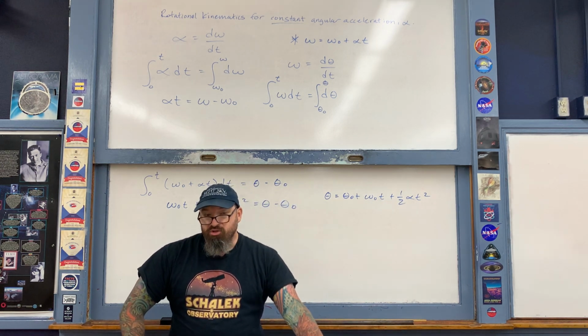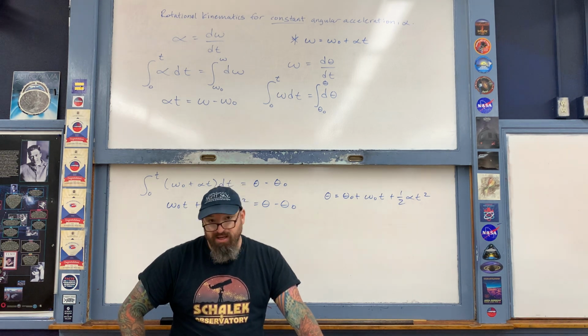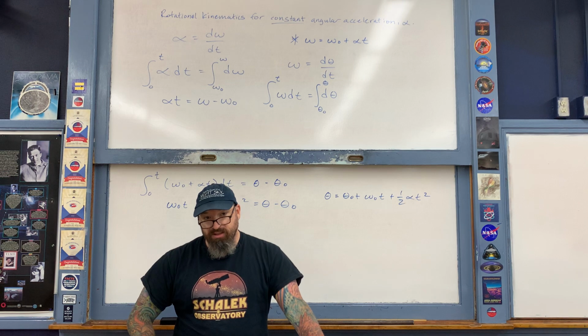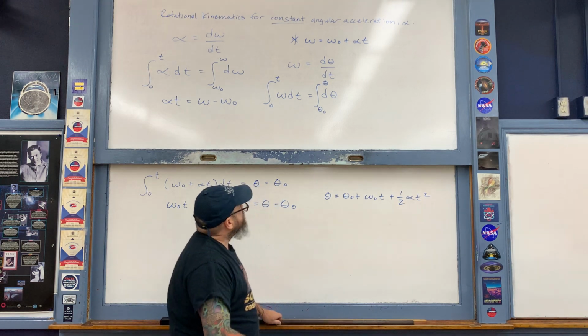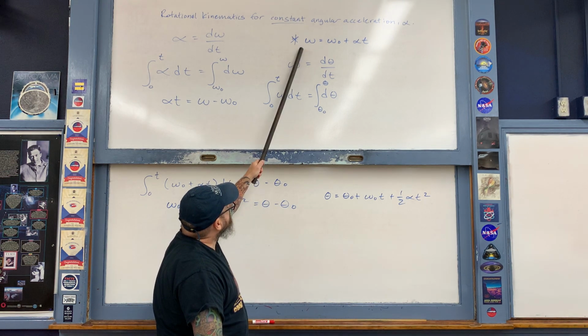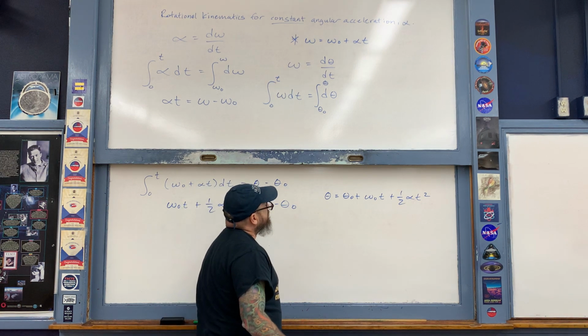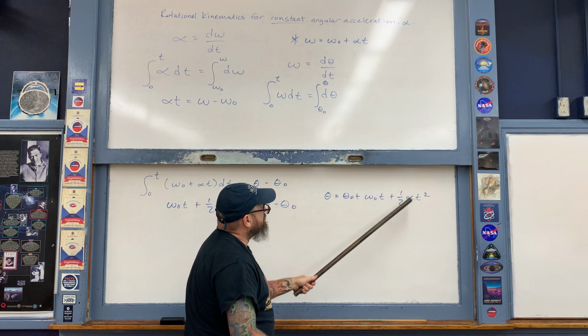If you recall back in chapter 2, we then algebraically combined the equations together to get the third kinematics equation. We could do the exact same thing here. In order to do so, what we would do is we would take this omega expression here and solve it for time t, and then ultimately we would take that time and plug it into here and here.